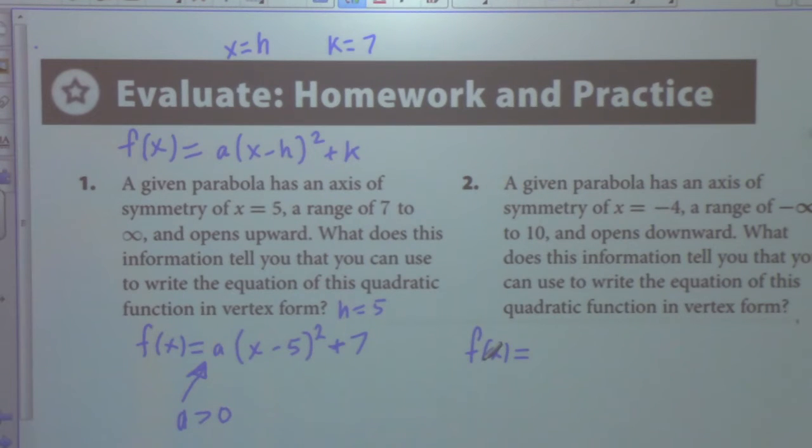So f(x) equals a, open parentheses, x minus 4. Hold up, I don't think I read that right. Somebody can help Abigail out. x plus 4? x plus 4?